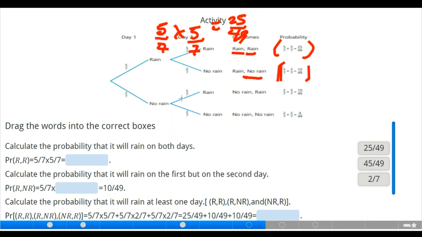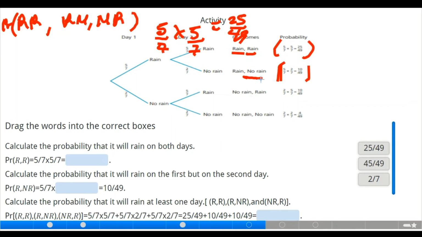Now, let's calculate the probability that it will rain at least one day. What we just need to do is pick the probability that it will rain at least one day. The first one is going to be the probability of RR. Then it's rain and no rain, just one day: the probability of RN and the probability of NR.